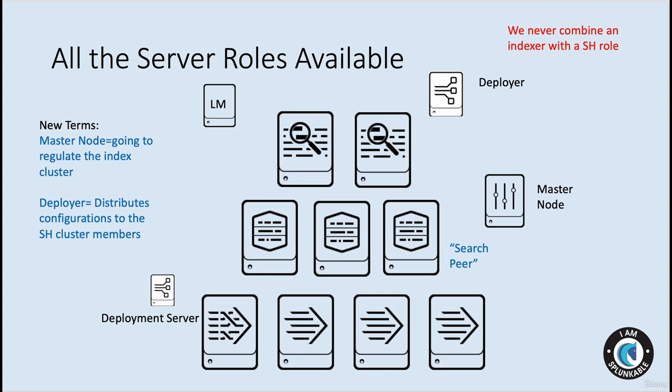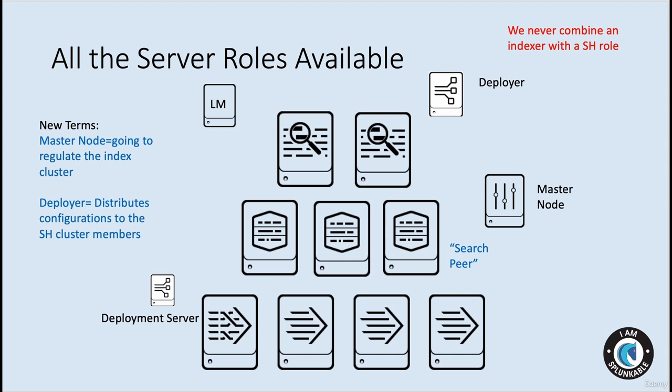When the deployment clients phone home to the deployment server, they will pick up changes to the configuration files for the apps based on the server class they're in, and receive the updates that way. So think of your deployment server as what manages all of the configuration files on your remote instances that have forwarders deployed on them.